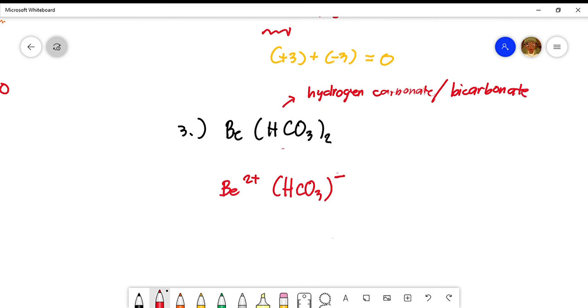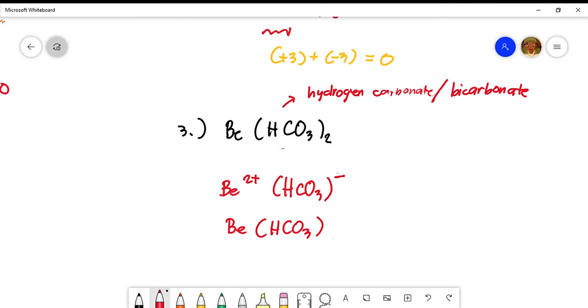So we have beryllium bicarbonate, and for this compound to have a net charge of 0, we take up BeHCO3 twice. We bring down the 2 here. It means that we need a negative 2 for this to be equal to 0.